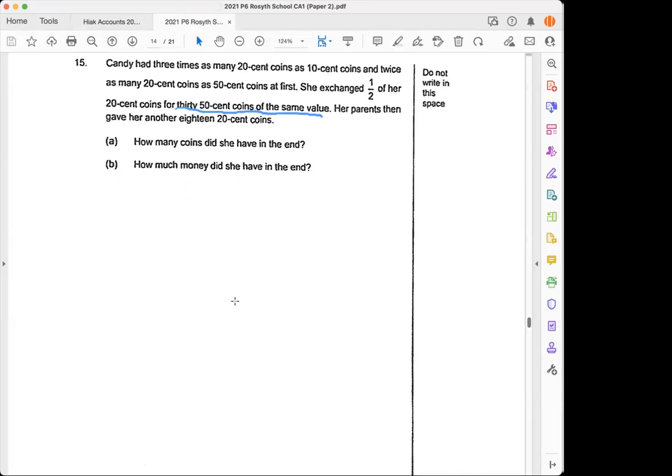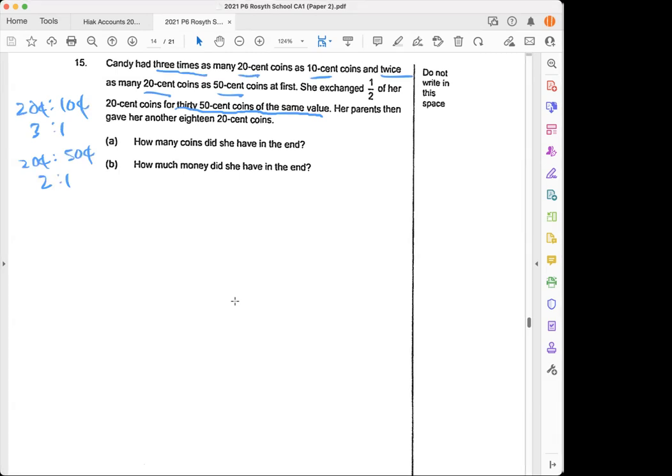So let's do the first statement. Let's start by recording. 3 times as many 20-cent as 10-cent. So 20-cent is to 10-cent, 3 is to 1. Then twice as many 20-cent as 50 cents. So we are comparing 20 cents to 50 cents. Twice, so it's 2 is to 1. So 2 ratios must look for a common base.